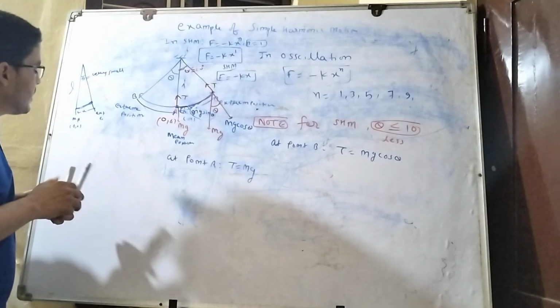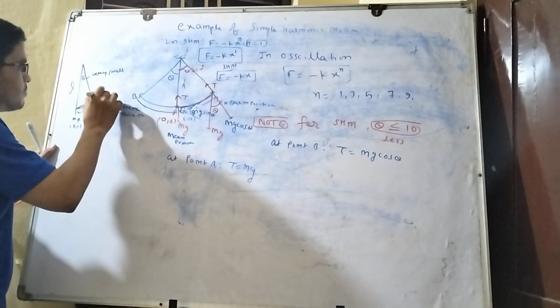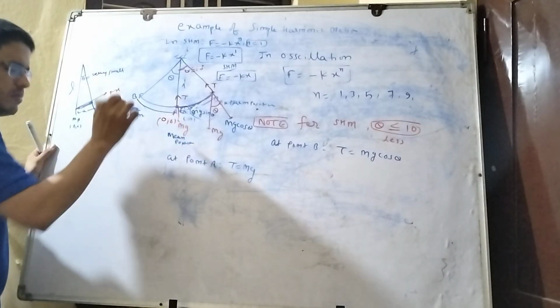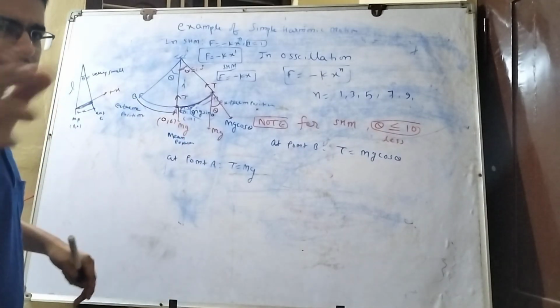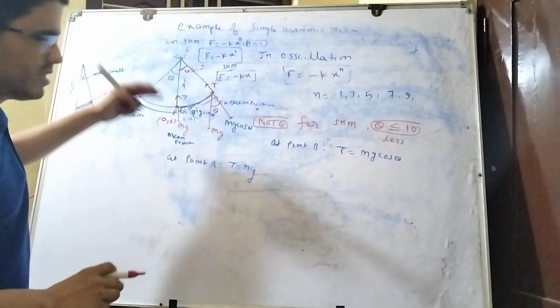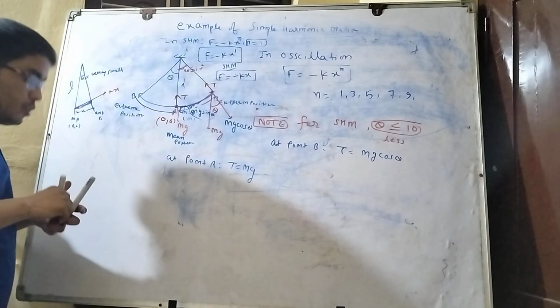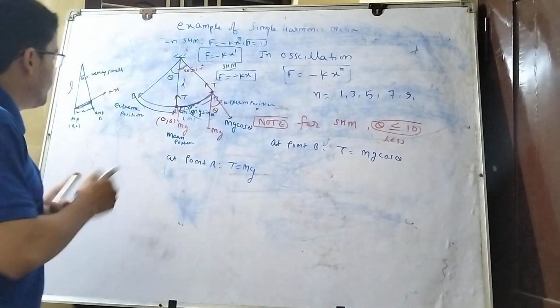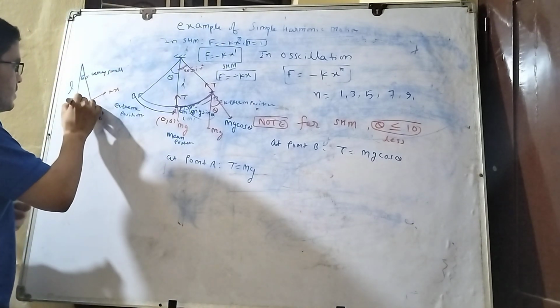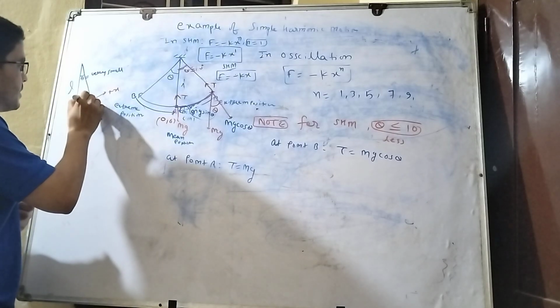If your particle is going toward the extreme, I said that is the positive direction. You can take negative also, no doubt, but I said positive, assume. So at this moment, your restoring force will be mg sin theta.